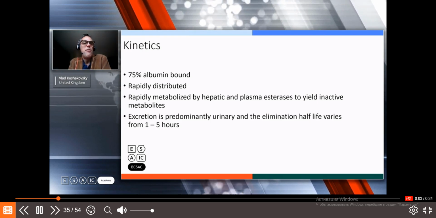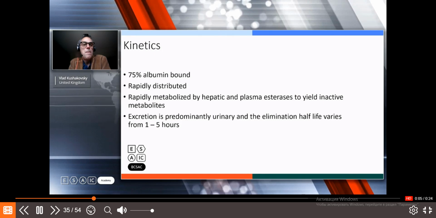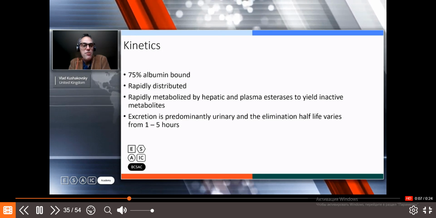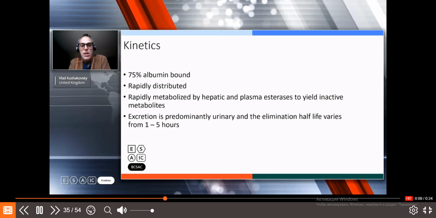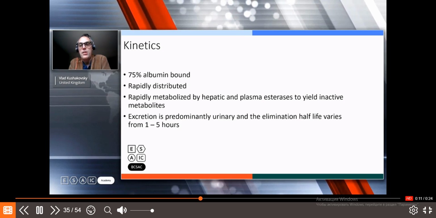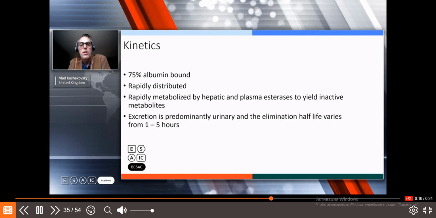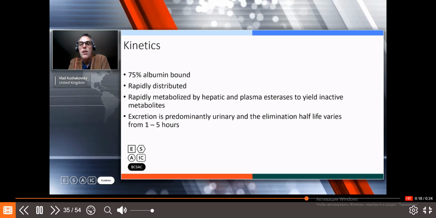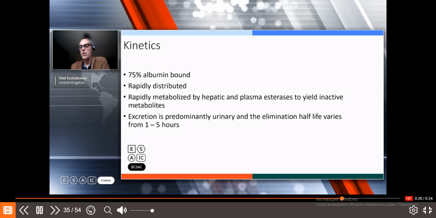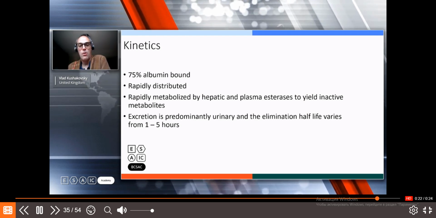Pharmacokinetics: 75% albumin bound. It is rapidly distributed and rapidly metabolized by hepatic and plasma esterases to yield inactive metabolites. Excretion is predominantly urinary, and elimination half-life varies from 1 to 5 hours.